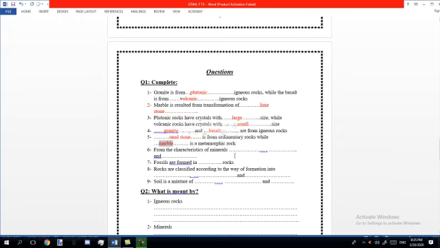From the characteristics of minerals, you want 3 answers, or we have 3 dashes, 3 spaces. So we said that from the characteristics of minerals, they are all non-living or living? Yes, of course, they are non-living. What else?